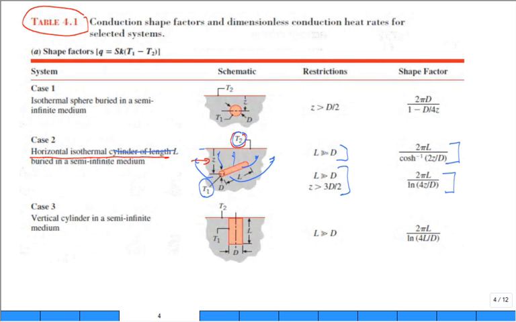If L is much, much greater than D, then use this one. If L is much, much greater than D, plus Z is greater than 3D over 2, then use this even simpler equation, but otherwise use this one. Somebody did a lot of work to get the shape factor, didn't they? And it's all geometrical information. You have to have in there where T1 and T2 are. They're the constant temperatures.